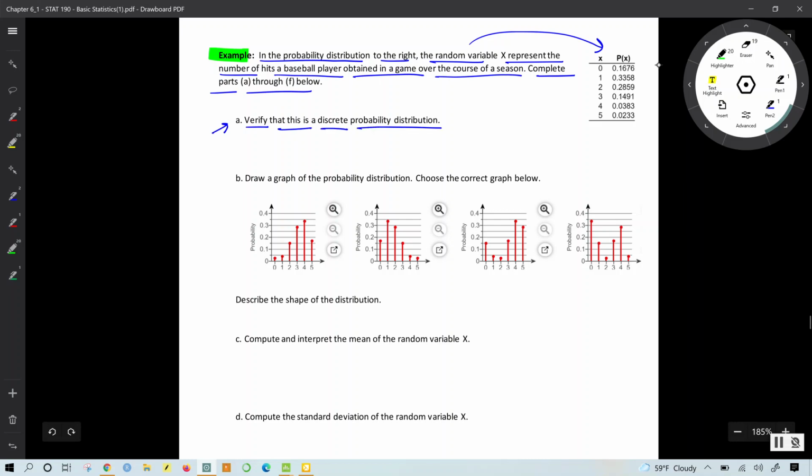In other words, we're going to first check each of the probabilities, and we observe that, one, each probability is a number between 0 and 1.